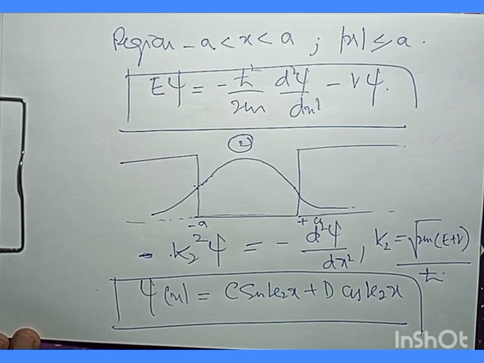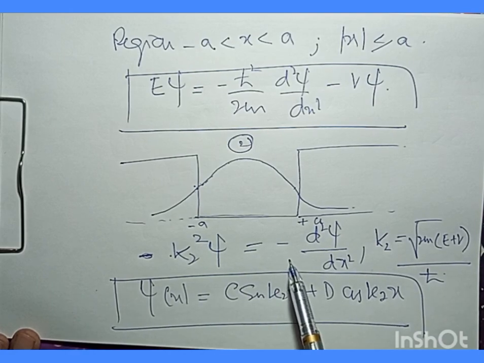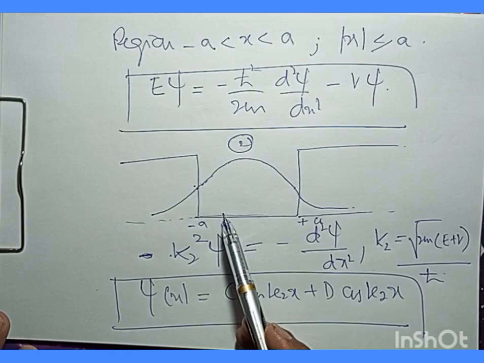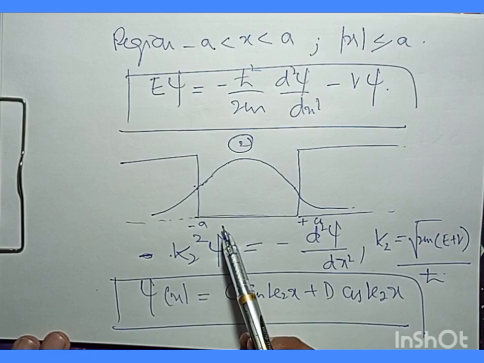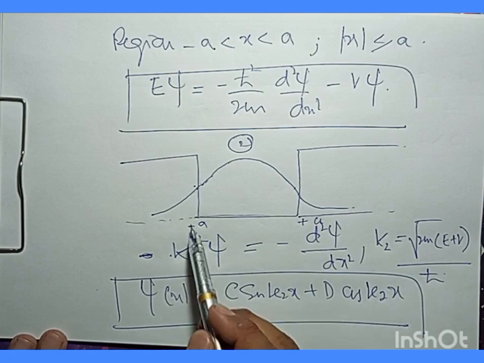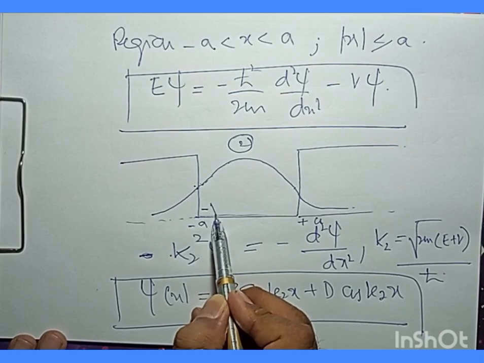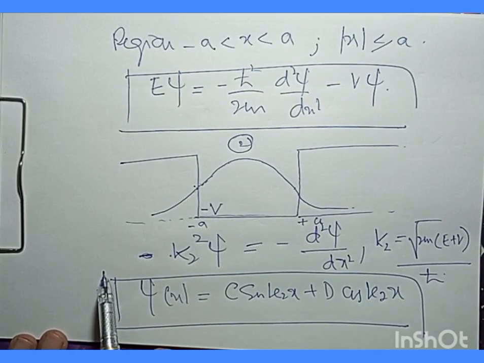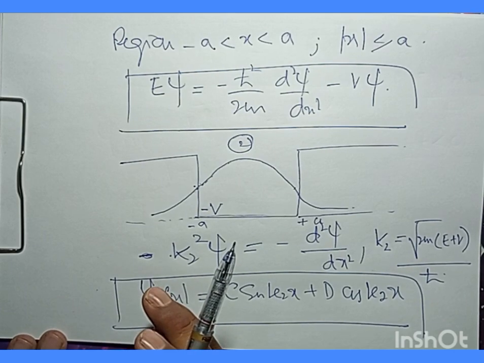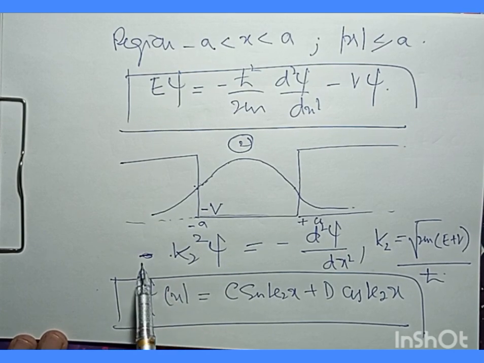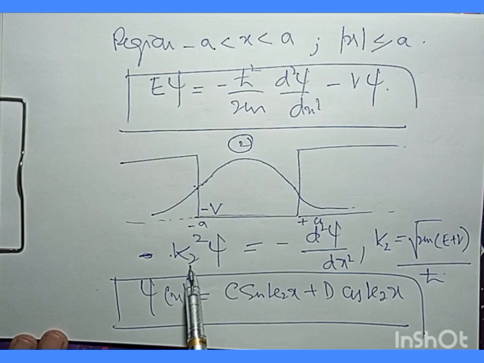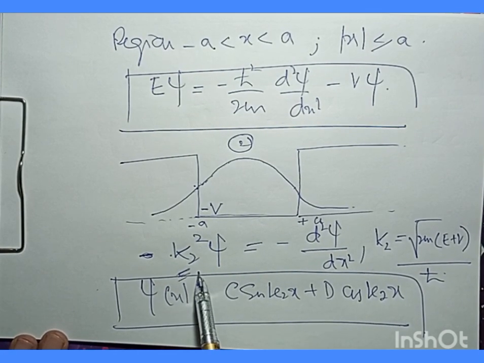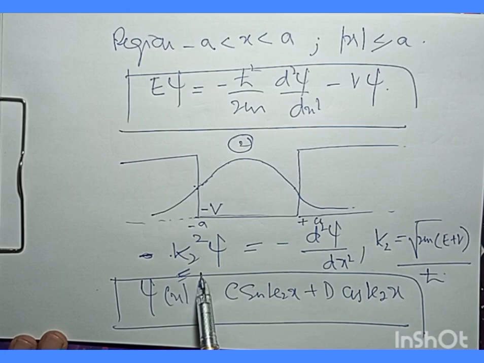Although E is negative for the bound state, it must certainly be greater than this negative V that we have here, in order that this K2 is real and positive.